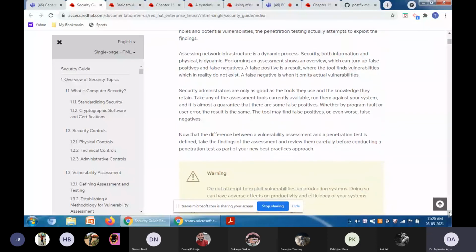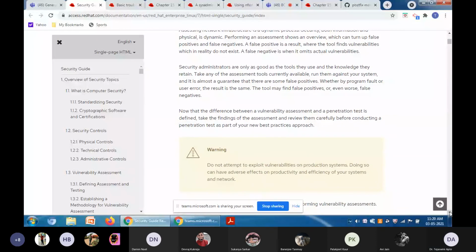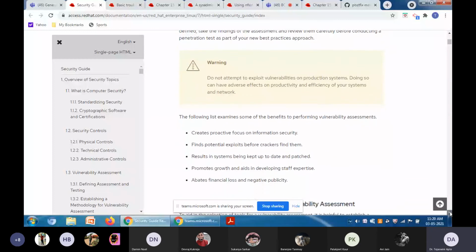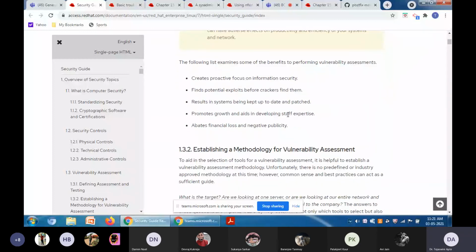Fine, please make sure about it. Create a proactive focus, find potential exploits, which results in the system being kept up to date, promotes growth and aids in developing staff expertise. This is quite an important thing you need to address as a vulnerability assessor.